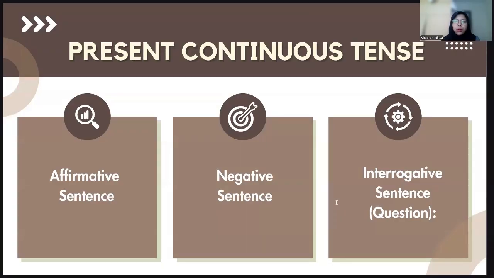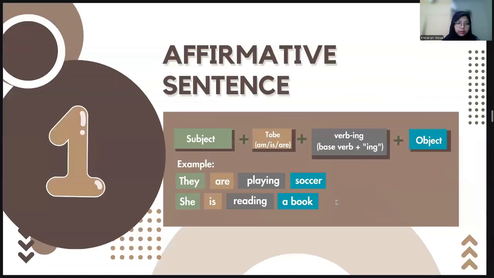Same like before, we have three materials for the formula of present continuous tense: affirmative sentence, negative sentence, and interrogative sentence or question. For the affirmative sentence, the formula is subject plus to be, am, is, are, plus verb ing, like base verb or verb one, plus object.